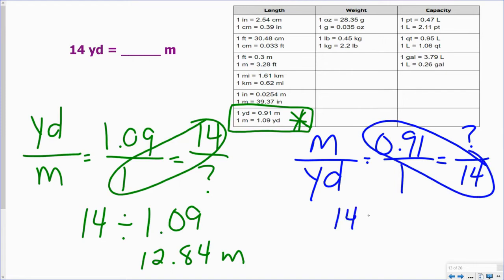And so I would take 14 multiplied by 91 hundredths, and I would get 12 and 74 hundredths meters. So again, you're going to see that they are very close to one another, but again, just a little bit different. And either answer is correct.